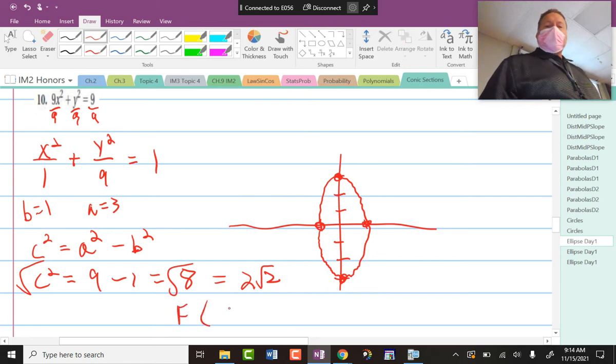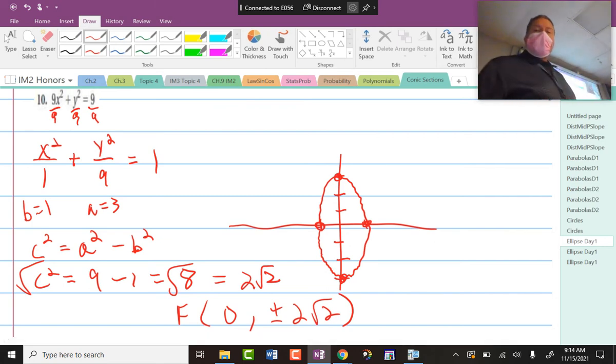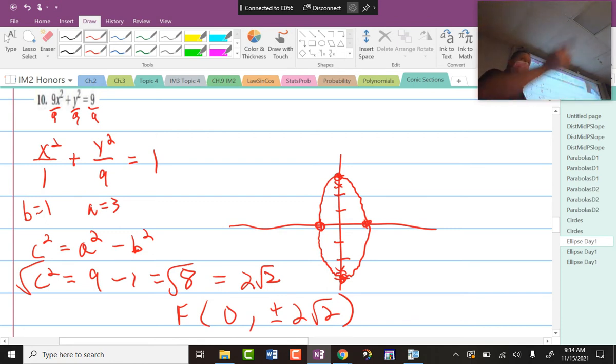We could write it as 0, comma. You better understand that, and that's where you're going to get marked wrong: people not writing coordinates for this stuff. The foci go up and down, and that was 2.82. Look at where those foci are. That's more like my second drawing, where the foci were really close to those endpoints, over there with the tacks.